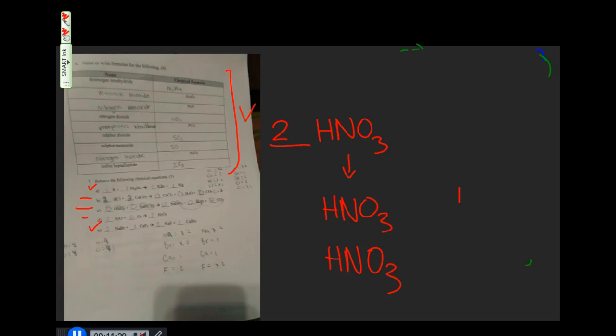In total, I have 2 hydrogen, I have 2 nitrogen, and I have 6 oxygen. If you write a 0 in front of a compound formula, it multiplies the compound by 0, which means you have nothing of it, because 0 times anything is 0.